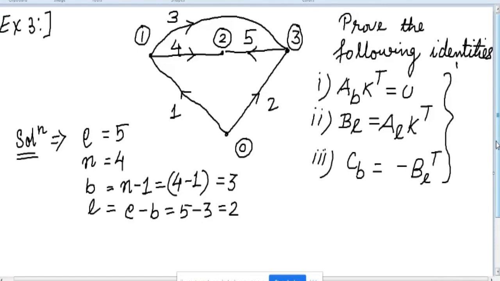If they can, then go with that rule. Otherwise you have to apply the rules: when you choose the branches, check whether all the nodes are considered or not, the first rule; the second rule, there should be no closed path. So let us try here. Here the first 3 elements are 1, 2 and 3. Let us check whether we can take 1, 2, 3 as branches or not. 1 and 2 is okay, but when we take the third element as a branch, you can see here a closed path is forming.